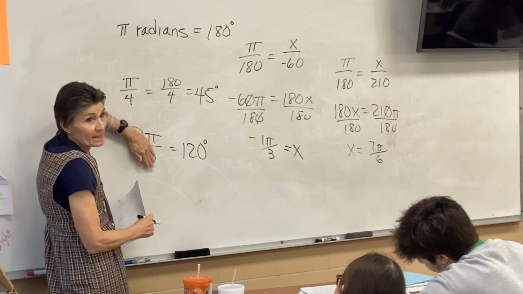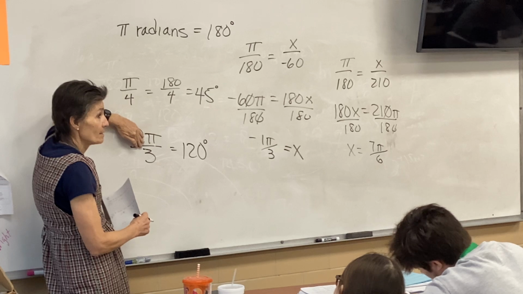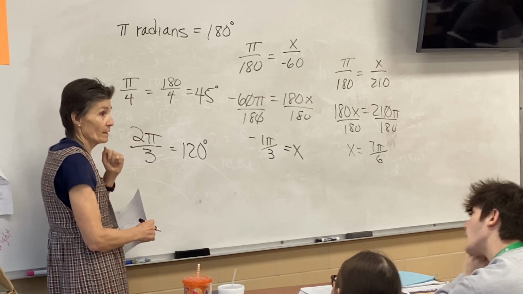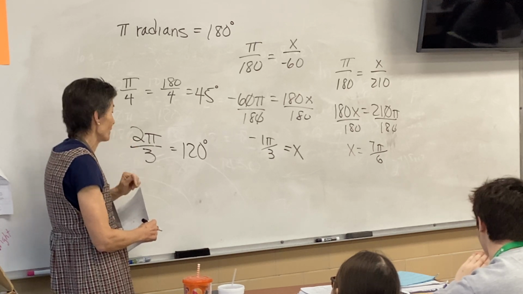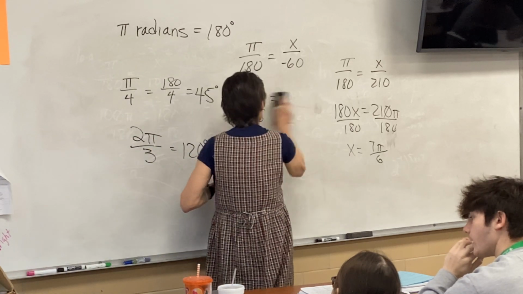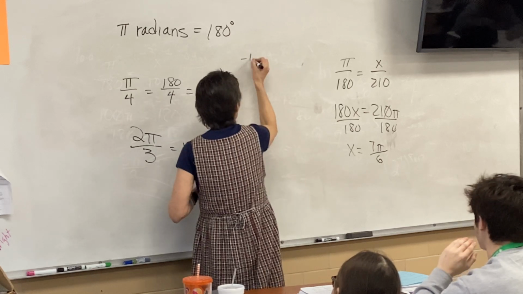Pi is 180. Divided by 3 would be 60. Times 2 is 120. You can also times by 2 first and then divide, whatever's easiest for you. Negative pi over 6.